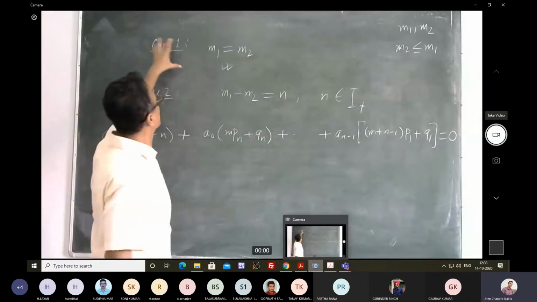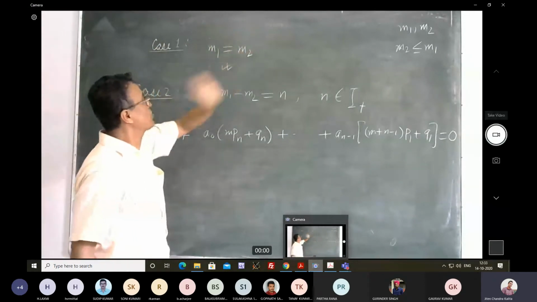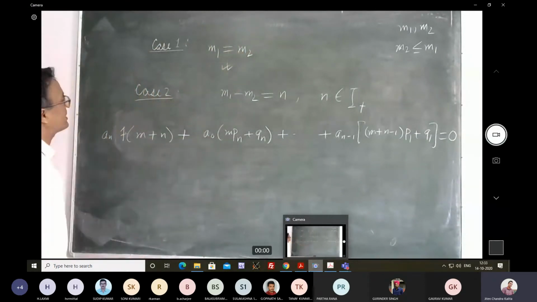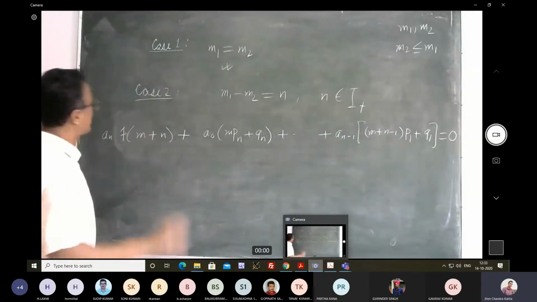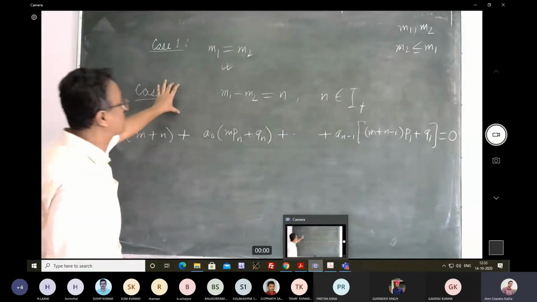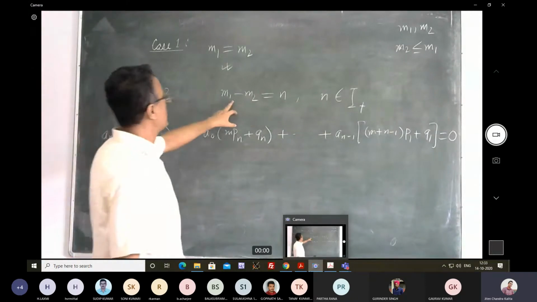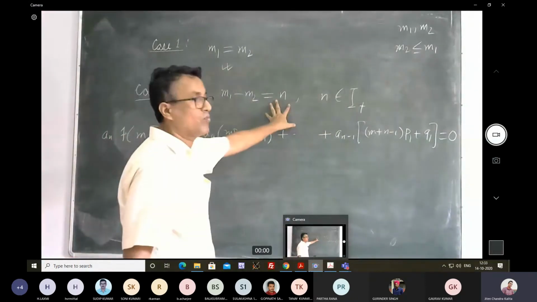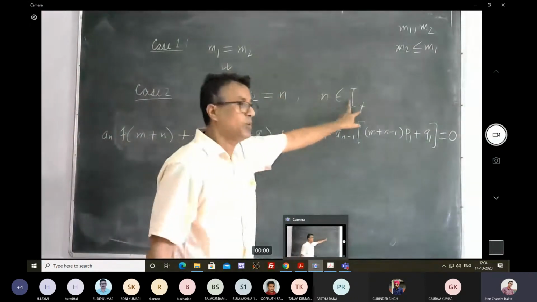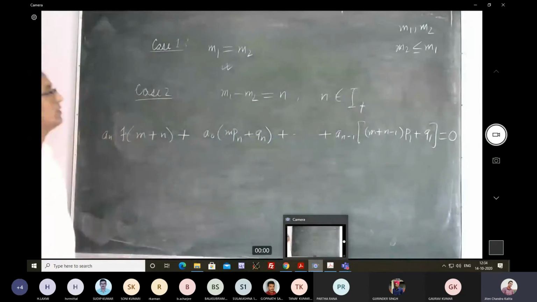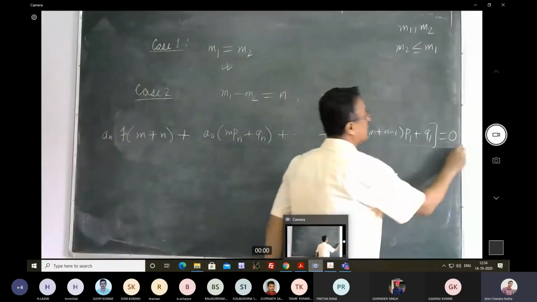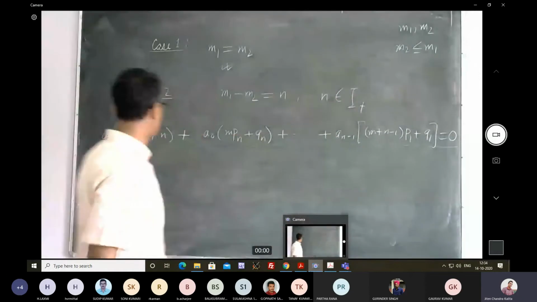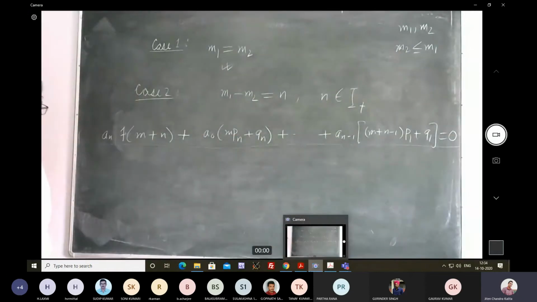So basically, case one is when m1 equal to m2. I have already told you that formally you won't be able to find any second series solution. So case two, your m1 minus m2 equal to n, where n is a positive integer. Okay. So then, if you recall, this was my recurrence formula for finding out the coefficients.